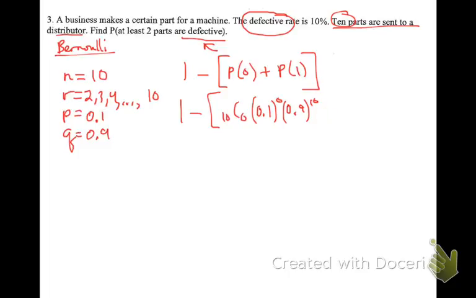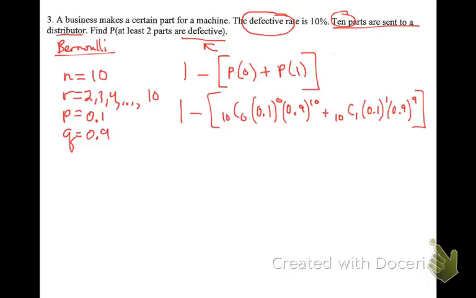Let me zoom in so it's easier to read. Then we do the probability of 1, which is 10C1 times 0.1 to the first times 0.9 to the 9th. Remember, those exponents must add up to that 10.